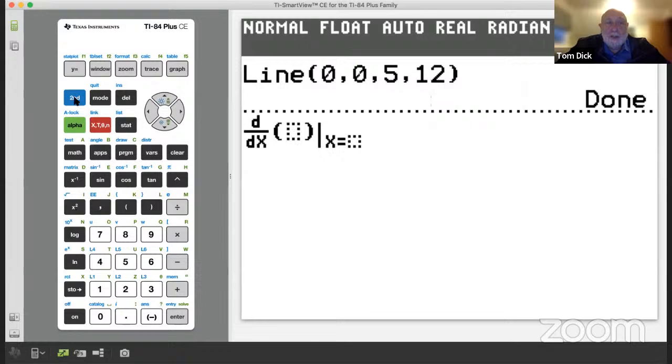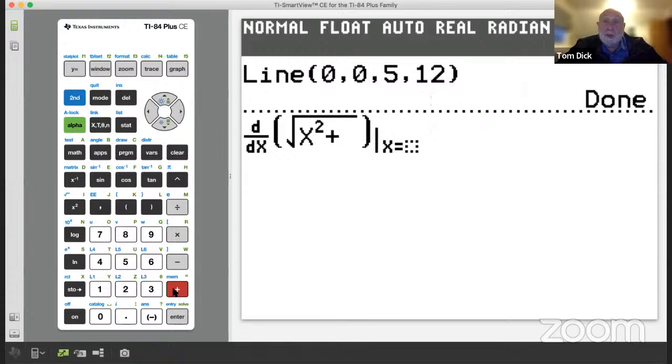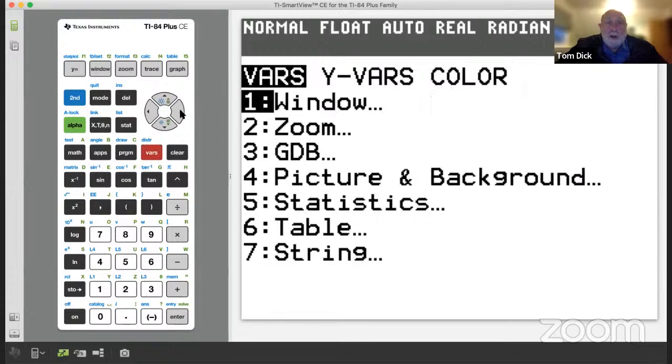Okay, so that's going to be the square root of x squared, and while we're still under the square root sign, now I need the y value. The y value is also going to be in terms of x, but it's given by the value of y1 of x.